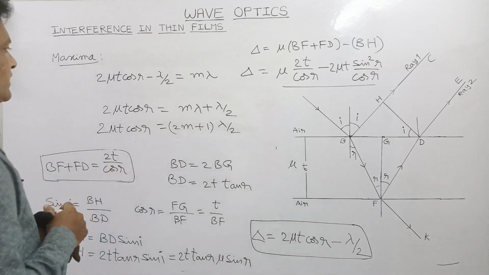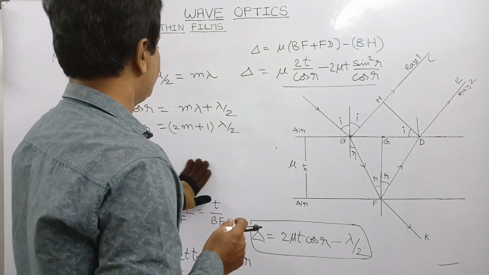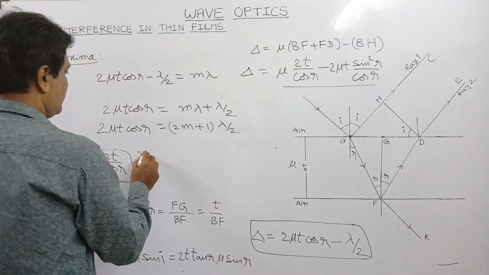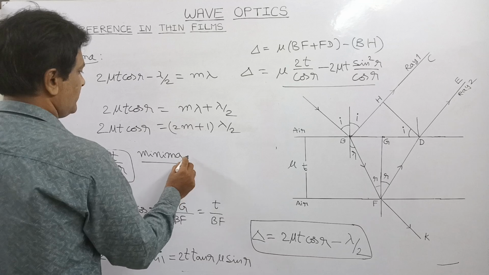This is the condition for maxima, and now we see the condition for minima. Minima means destructive interference, where the intensity of light is 0.